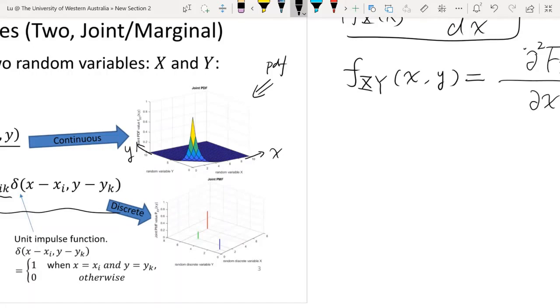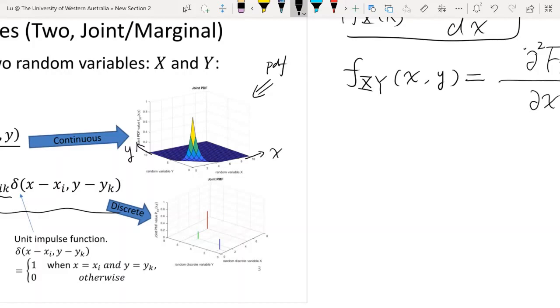The random variables X and Y define the 2-dimensional xy space, and the value of the joint PDF is the vertical axis. Because you have three factors here, x, y, and the joint PDF, this surface is within a 3-dimensional space, and it is a continuous surface for continuous random variables.